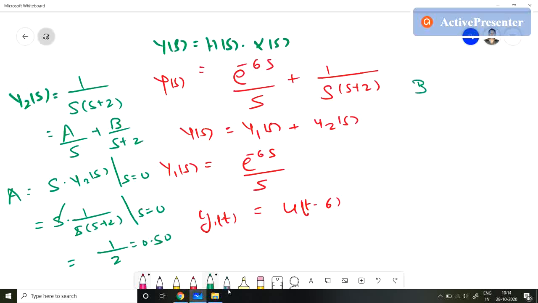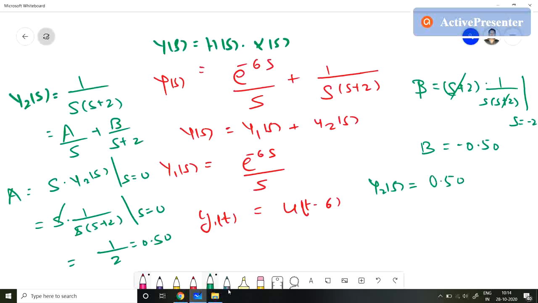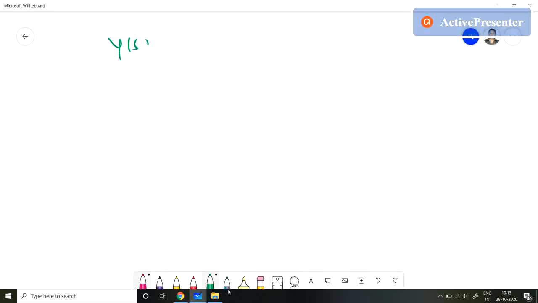B is equal to s plus 2 multiplied by 1 divided by s plus 2 at s equals minus 2. So B is equal to minus 0.5. Please check. Now Y2(s) is equal to 0.5 divided by s minus 0.5 divided by s plus 2.